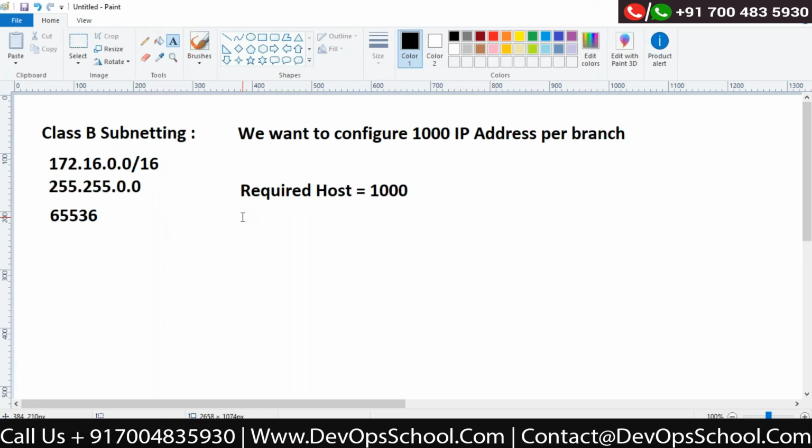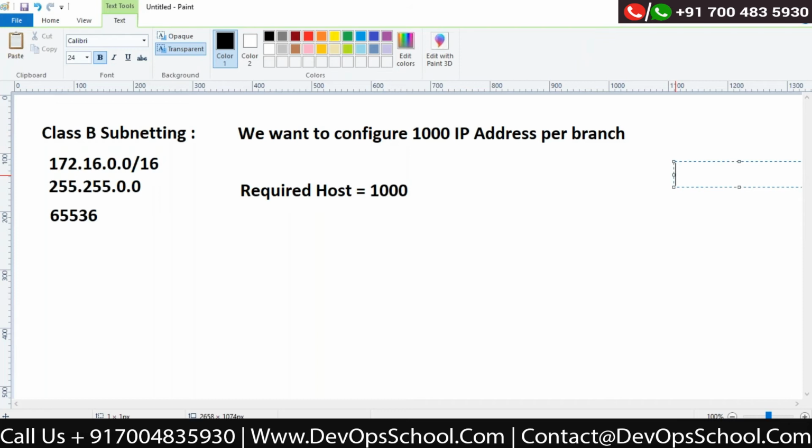So you need to memorize some numbers. 2 raised to 10 is 1024, 2 raised to 11 is 2048. There are a few numbers you need to remember, the powers of 2 that we need to play with in subnetting, or you should know how to build those numbers.